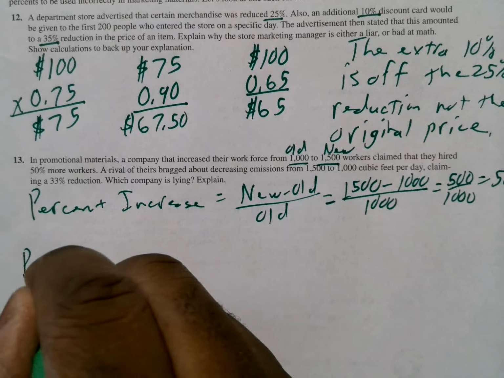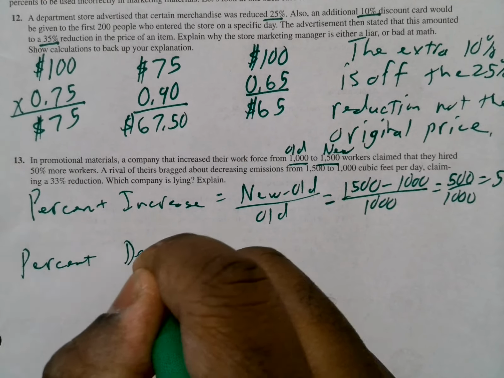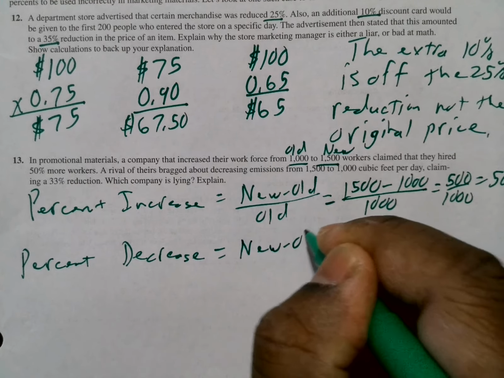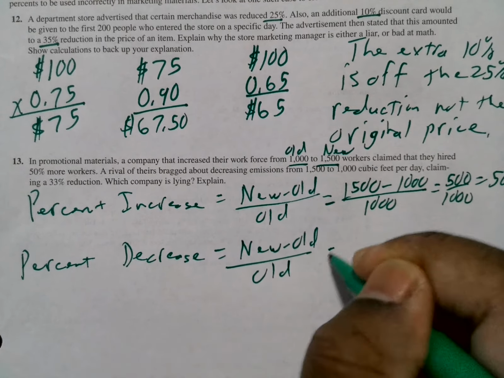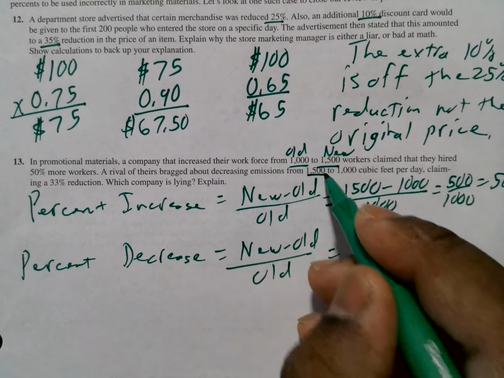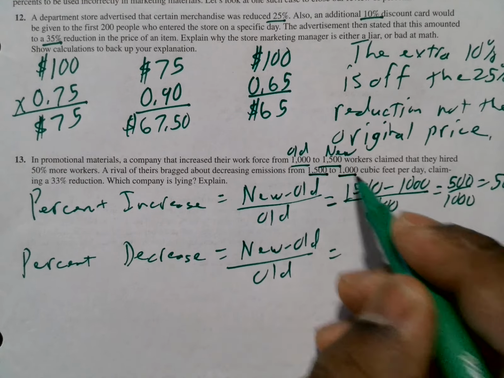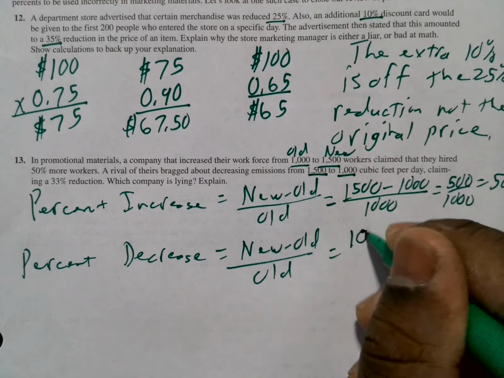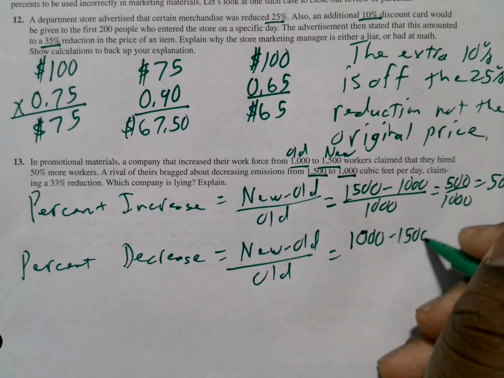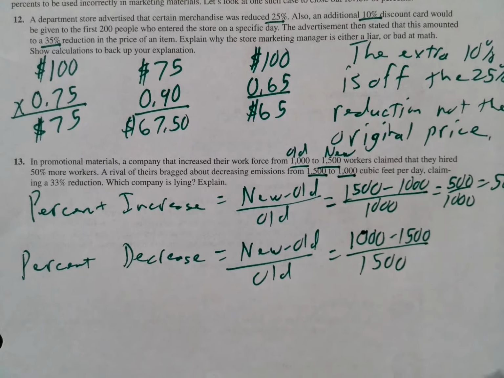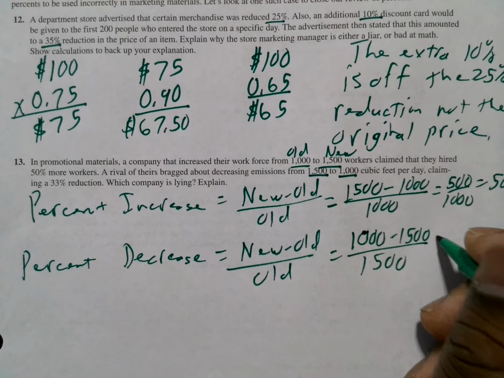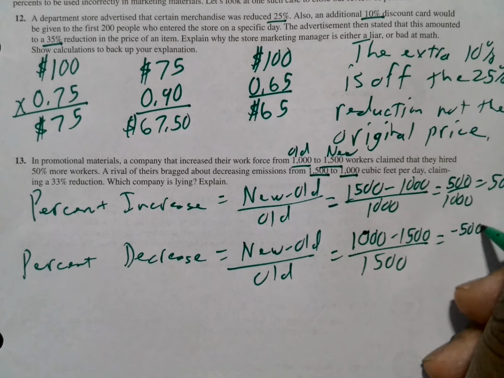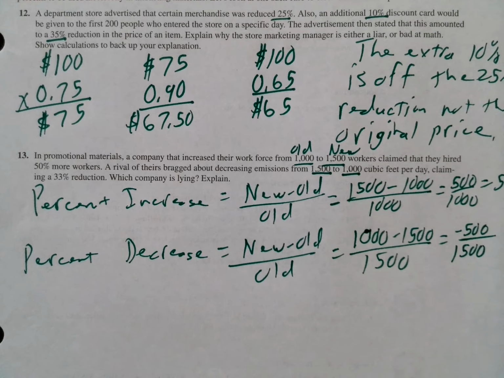Now we go percent decrease. Same formula, new minus old, divided by old. Now here, the old value was the 1,500, and the new value was the 1,000. So it'll be 1,000 minus the 1,500 divided by the 1,500. So this would give us a negative 500 divided by 1,500.